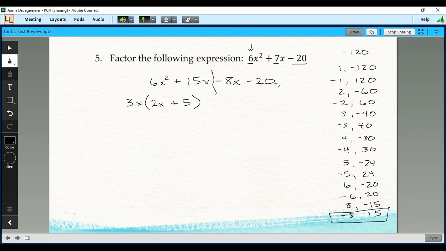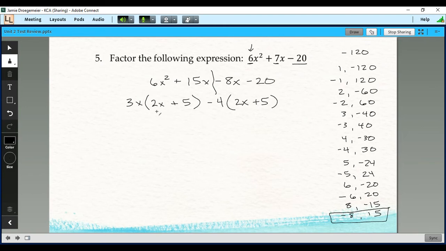And then the second two terms, negative 8x, negative 20, I can factor a negative 4 out of each of those. That would be my greatest common factor. Negative 4 times 2x is negative 8x. Negative 4 times positive 5 is negative 20.